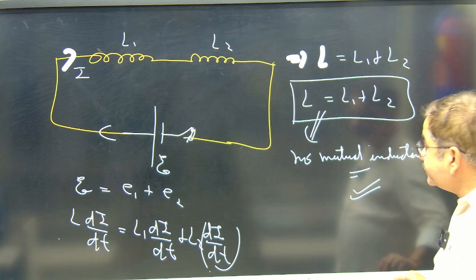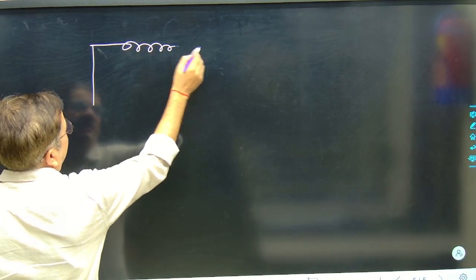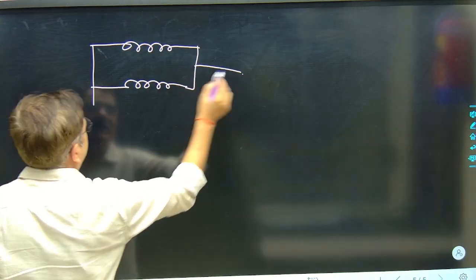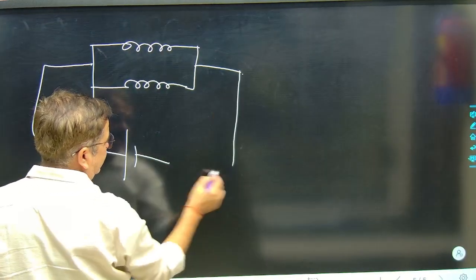Now again if I go for the parallel combination of inductors, that also I can write. Just see, it is one of the inductors, it is the second inductor, placed across a battery arrangement like this.